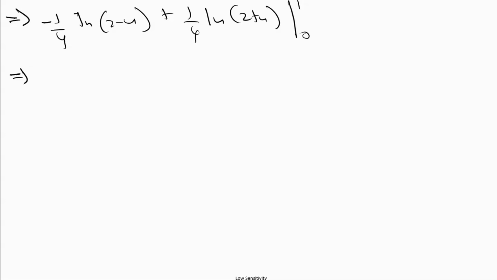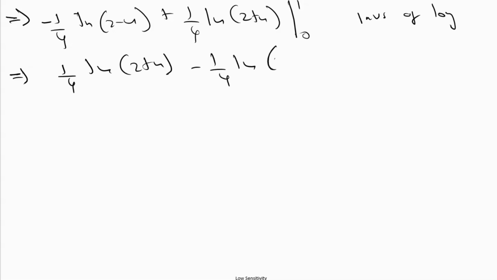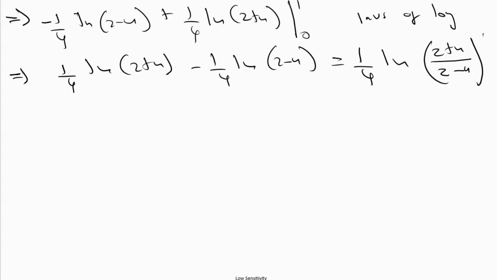Now we can use the laws of logarithms. We can rewrite this as 1 over 4 ln(2 plus u) minus 1 over 4 ln(2 minus u), which is similar to 1 over 4 ln of (2 plus u) over (2 minus u), since this is a negative. We still have the limits 1 and 0.